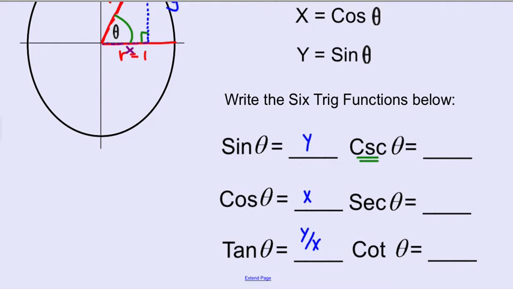So to reciprocate, cosecant is going to be 1 over y. For secant, it's 1 over the reciprocal of the cosine, so it's 1 over x. And then the cotangent is the reciprocal of the tangent, x over y.